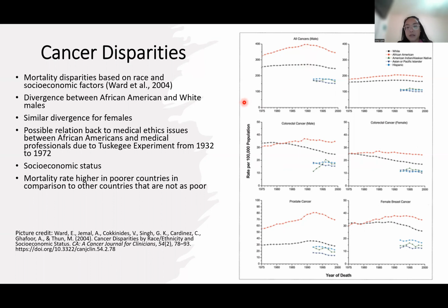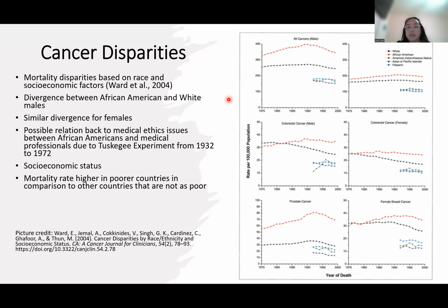So I did an ethical research paper over why this type of disparity normally forms. And there's a lot of possible relation that goes back to the medical ethics issues between African Americans and medical professionals because of the Tuskegee experiment. If you're not familiar with that experiment, that was back in 1932 to 1972, where they basically used African American male subjects to test for the cure for syphilis.